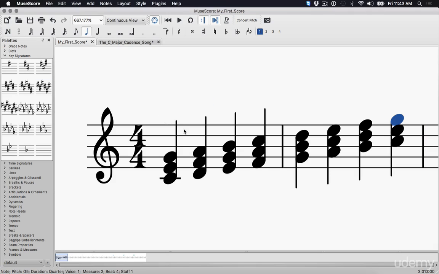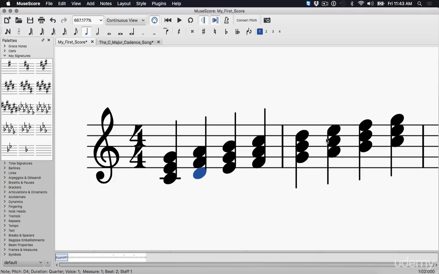There we have it. Okay, so here's our diatonic chord progression in the key of C major, right? We've seen this before. We know exactly what the root of all these chords is, because we're in root position, so it's going to be the bottom note. So this is a chord built on C, this is a chord built on D, etc.